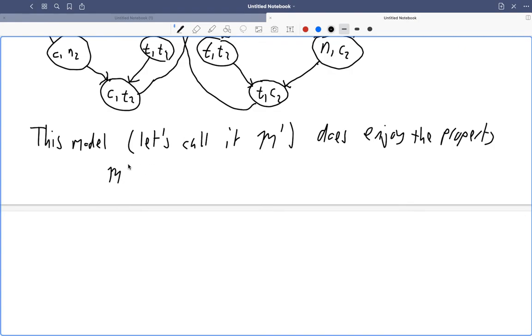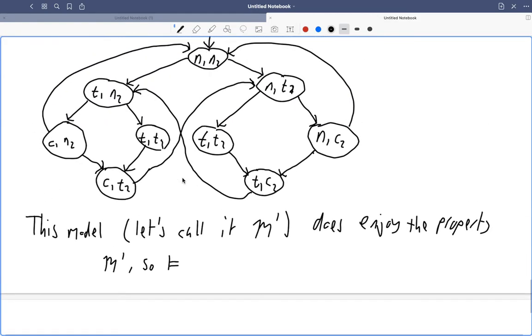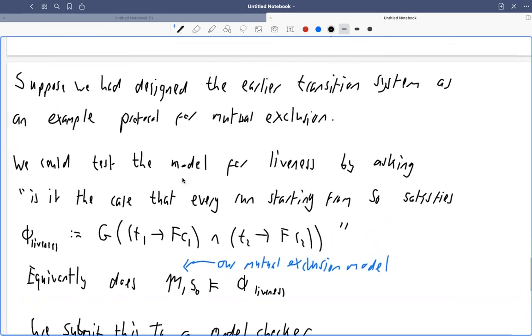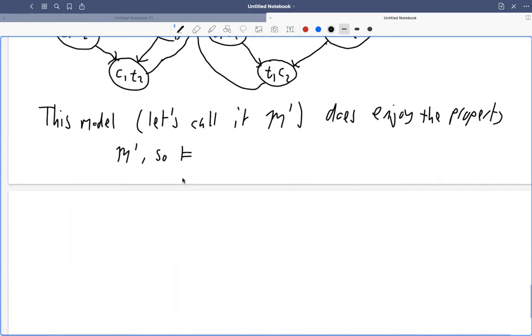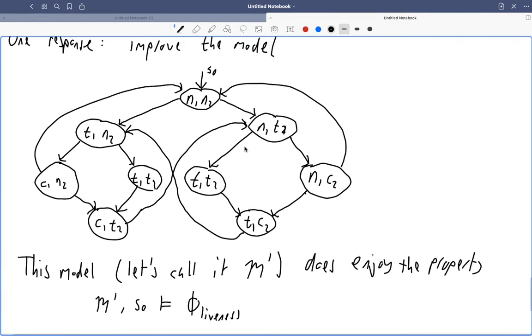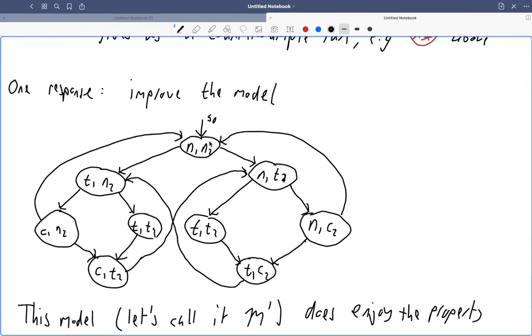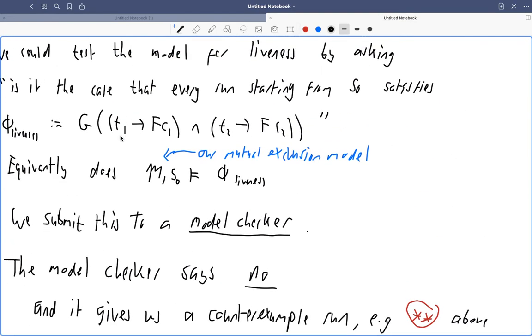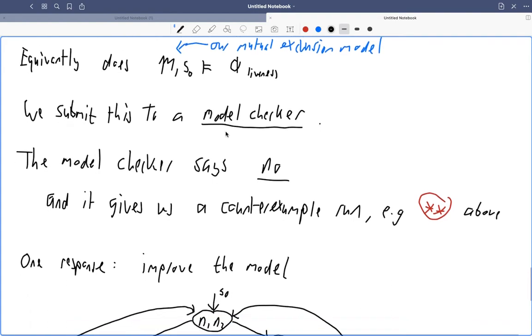That M prime from state S0 does satisfy our formula phi liveness. So that means along all infinite paths starting from S0 here, this formula is satisfied. So globally along the path, whenever T1 holds, there is a future state such that C1 holds, and whenever T2 holds, there is a future state such that C2 holds.